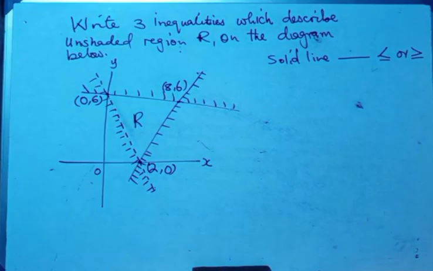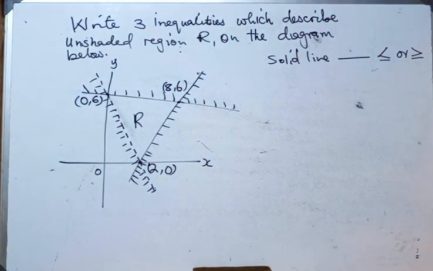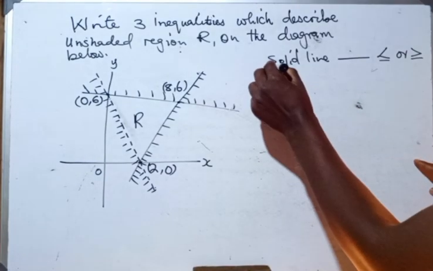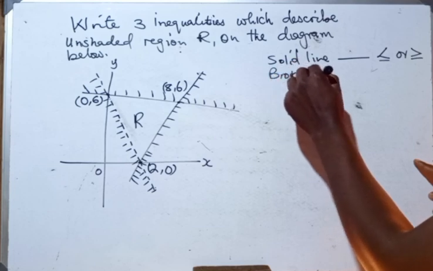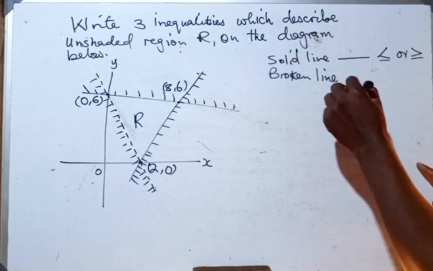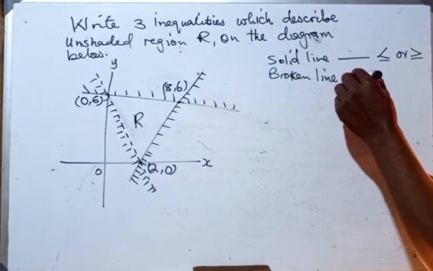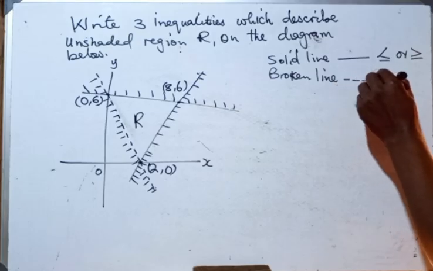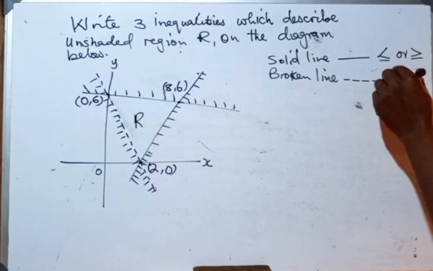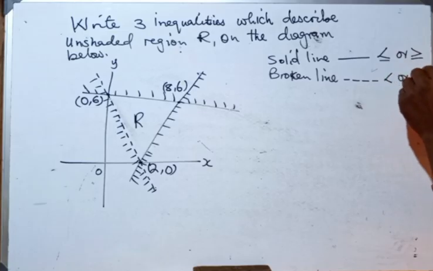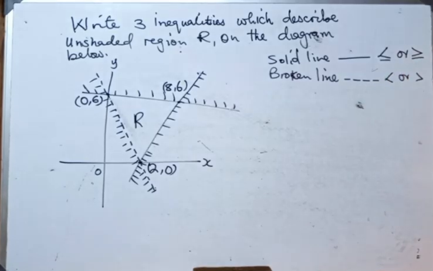Now, we have another line which is known as a broken line. You can call it a dotted line, but it's not dotted, it is broken. So the symbol we use is just less than, or greater than, without including equal to.